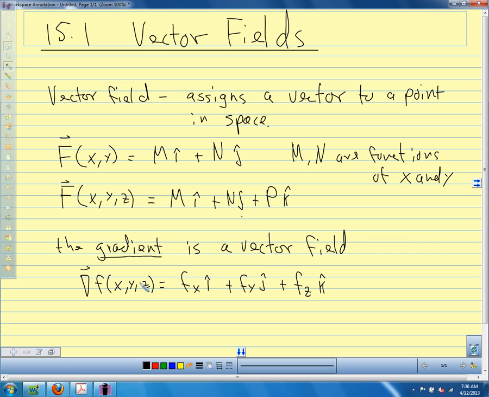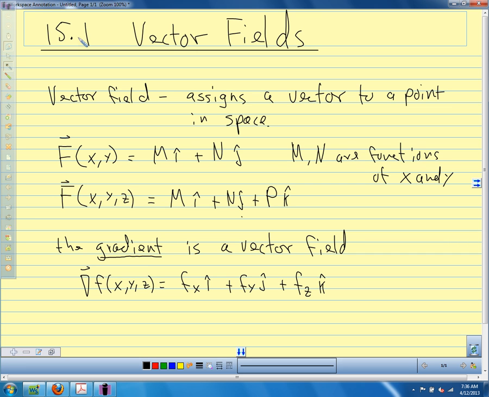If we're given some specific representation of a vector field, we can sketch it or visualize it. We could plug in values for x, y, and z and get an idea of what it looks like. But there are some shortcuts that can help us do that.